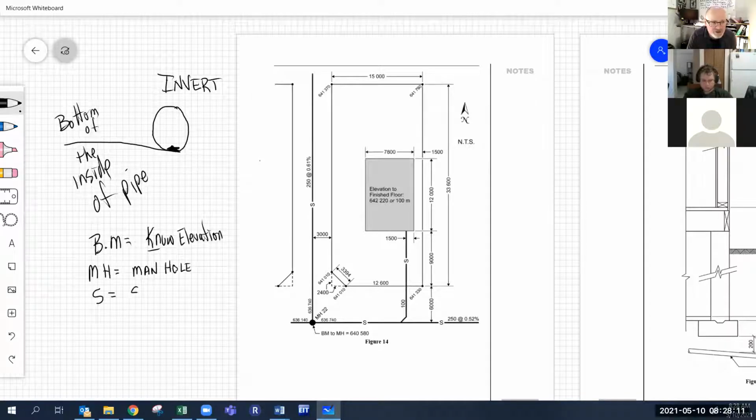S on this drawing is the sewer. NTS on this drawing means not to scale. The north arrow like that means north.